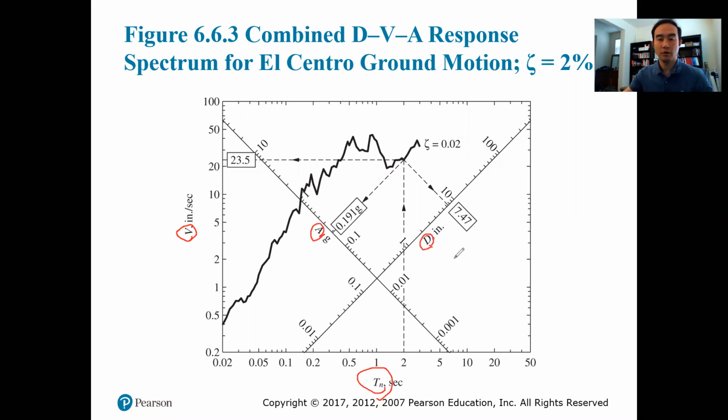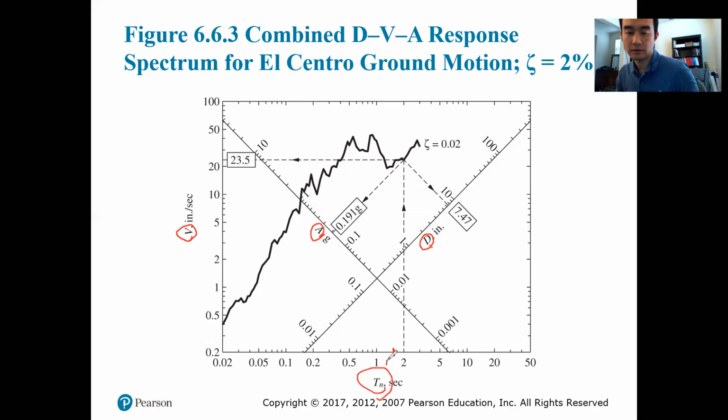So how can we read this one? First of all, we have to go to the corresponding value of our period, which is 1.59. And by the way, these are in a log scale, so you have to make sure that you pick the right number. It is not exactly in the middle. 1.59 is going to be somewhere around here.